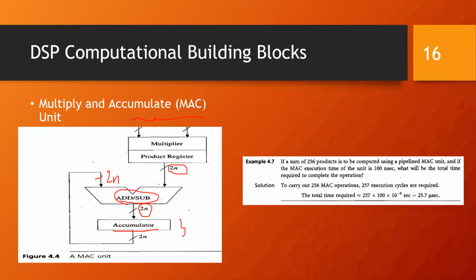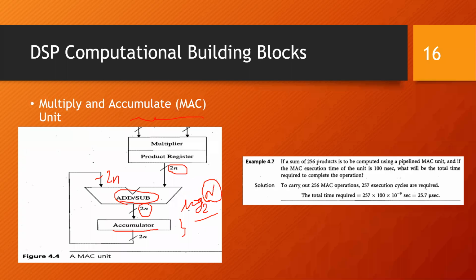When 2n-bit numbers are added, we get a result which may exceed by some number of bits. That depends on how many numbers you are adding: log n to the base 2, if you remember, where n is the number of inputs you are giving to the adder.